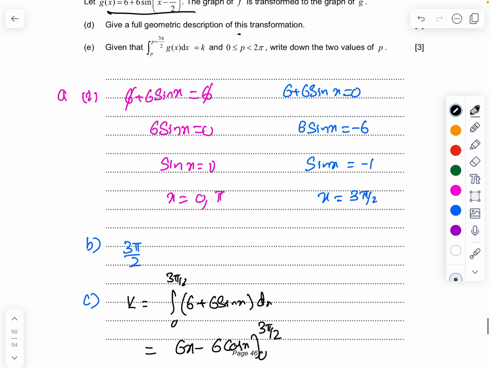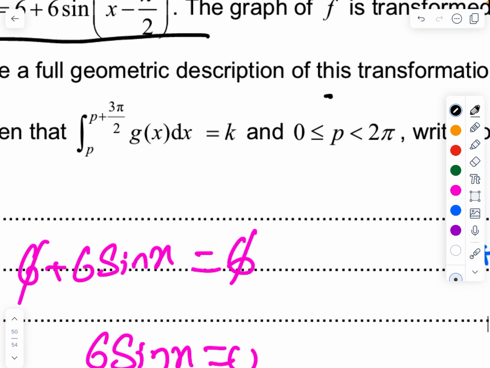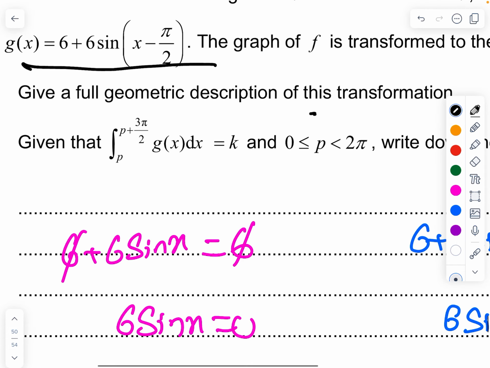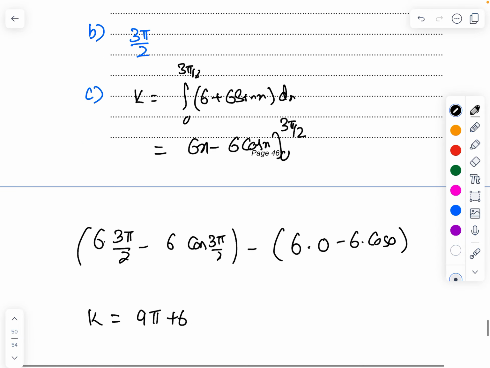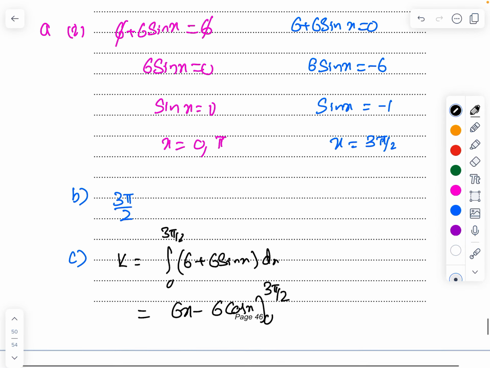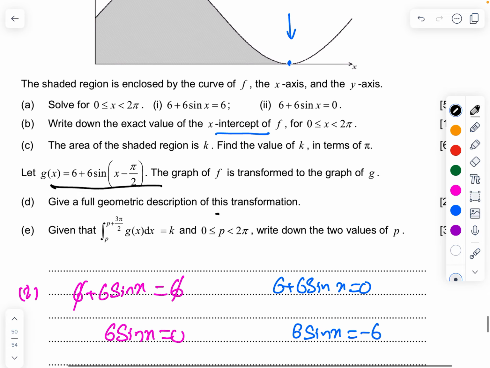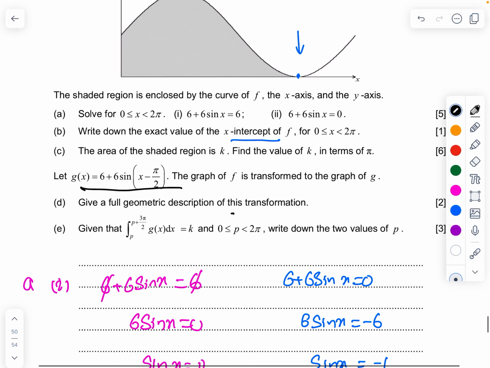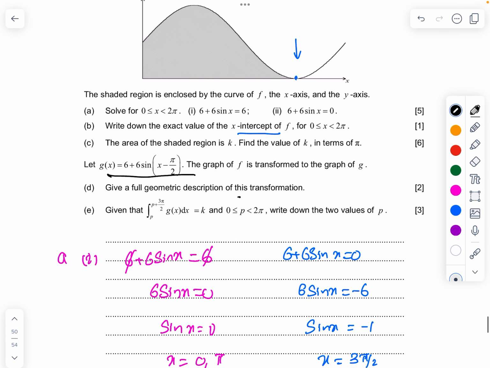Now coming to part E. Given that the integral from p to p plus 3 pi by 2 of g of x dx equals k, write down the two values of p. So what are the two values of p? So what was k?